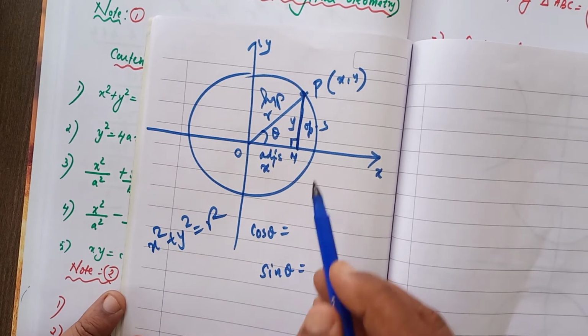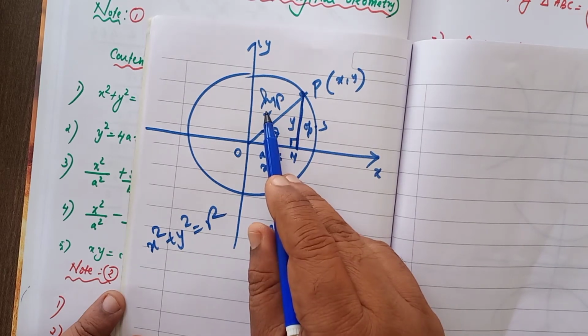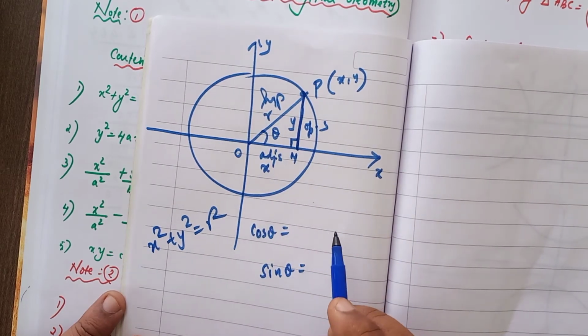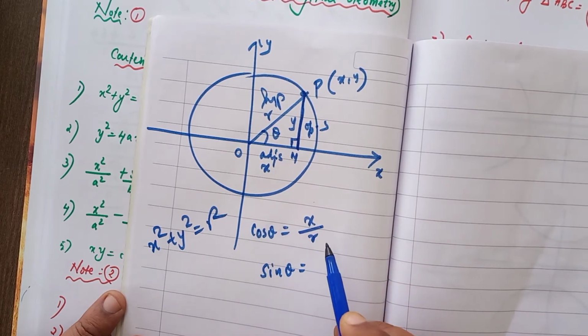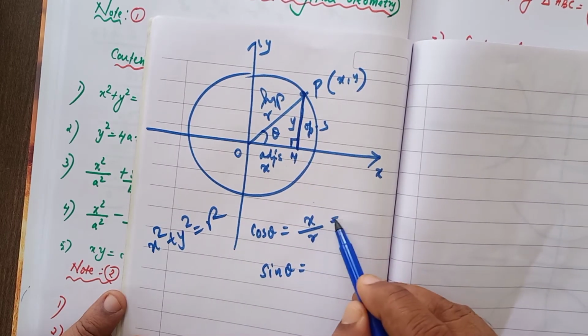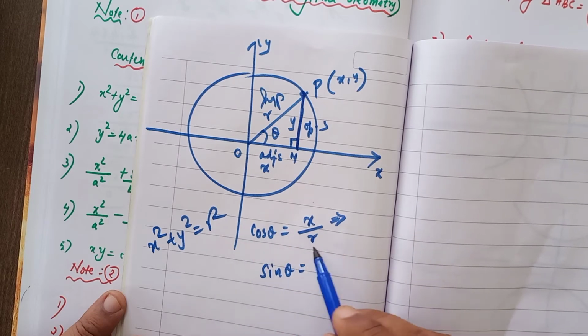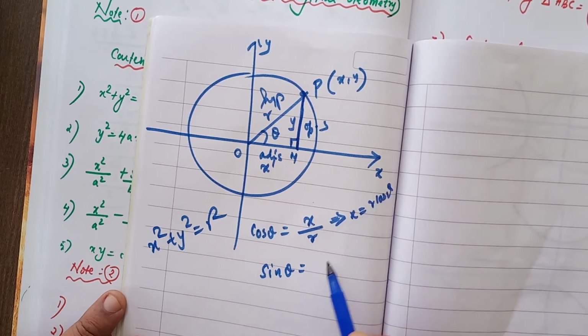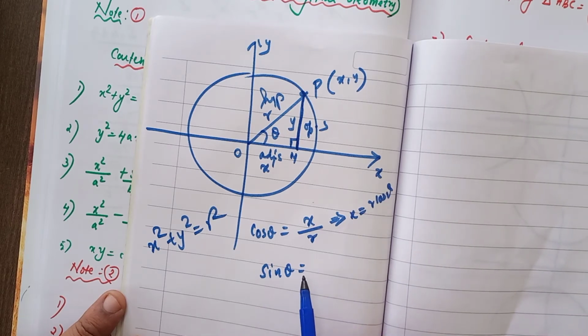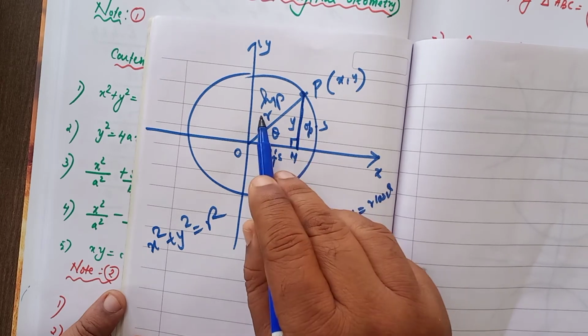Cos theta is equal to adjacent side by hypotenuse. Adjacent side is x, hypotenuse is r, so x by r. From this you can find x by cross multiplying: r cos theta is equal to x, so x is equal to r cos theta. Like that, sin theta is equal to opposite side by hypotenuse.